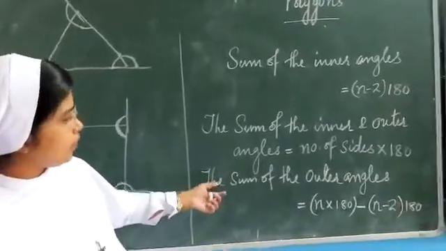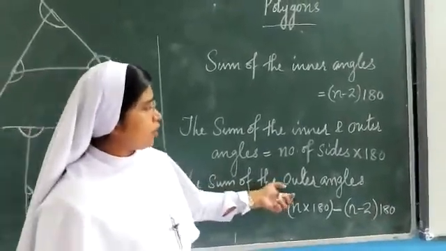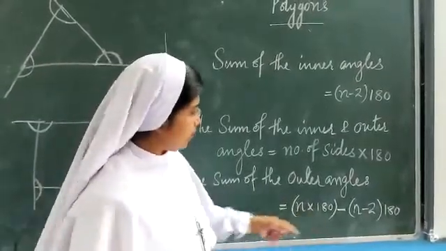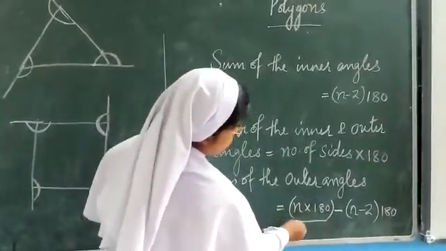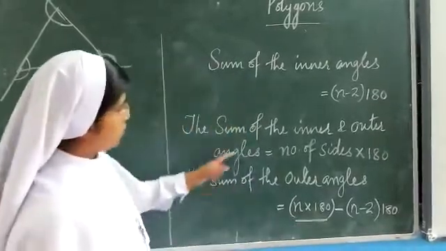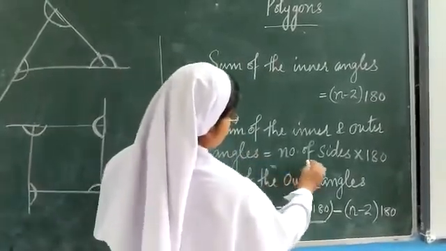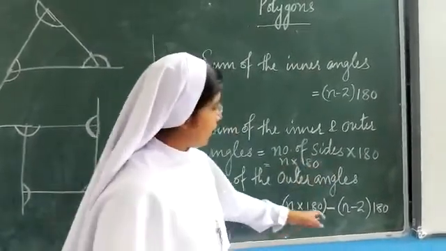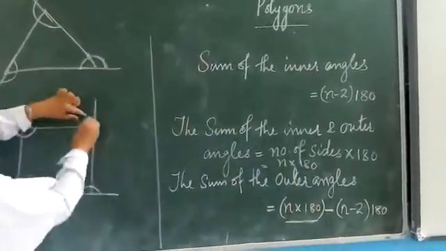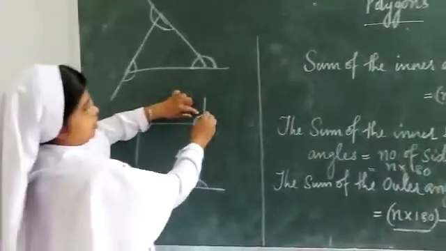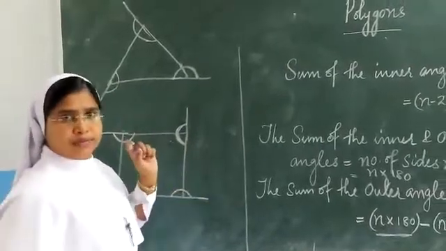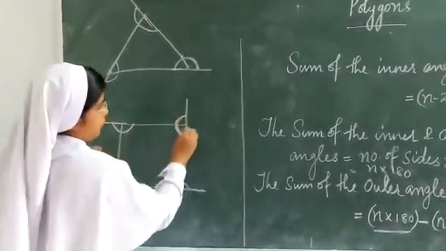How will you find out? The formula is that the sum of the outer angles is equal to the total minus the inside. Let us see whether it is correct or not. Here we have written n into 180 as the total.